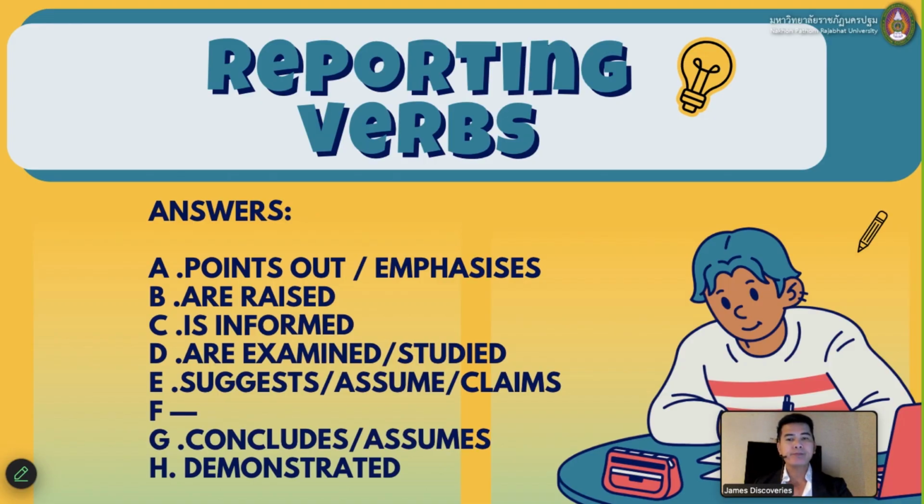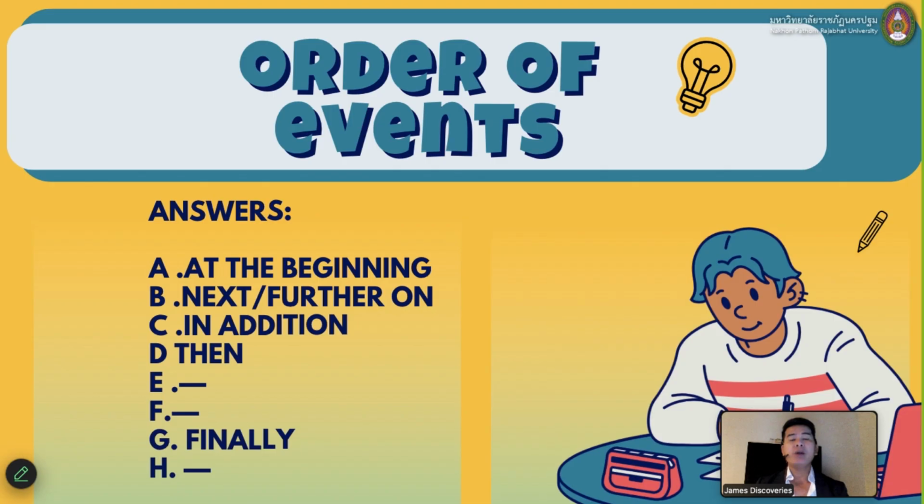Okay, next, the order of events. This is also very useful because you are going to write down what the events are. So a while ago you said at the beginning, all right, according to Dr. Melise or Dr. O'Neill or something like that, he points out or he claims that, all right.